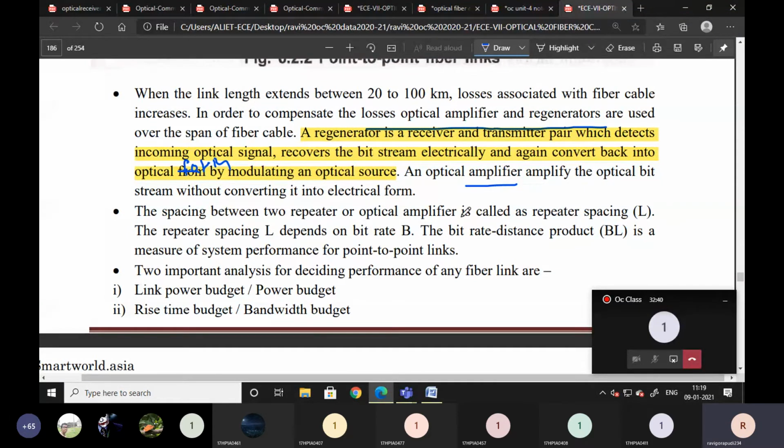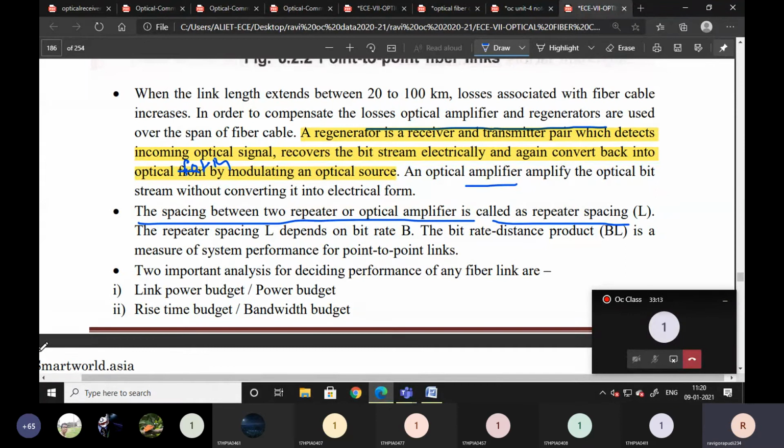These are optical amplifiers. The spacing between two repeaters or optical amplifiers is called the repeater spacing L. The repeater spacing L depends on the bit rate B. The bit rate distance product is a measure of system performance for a point-to-point link.